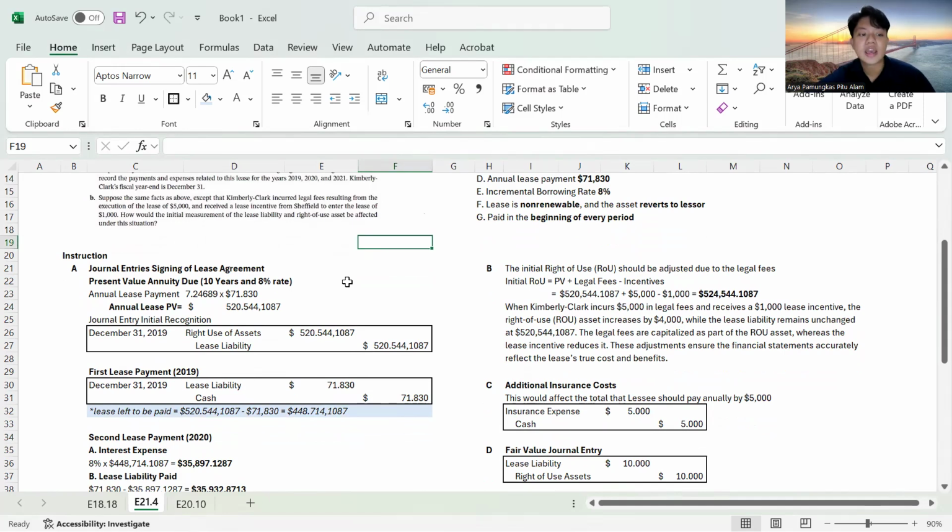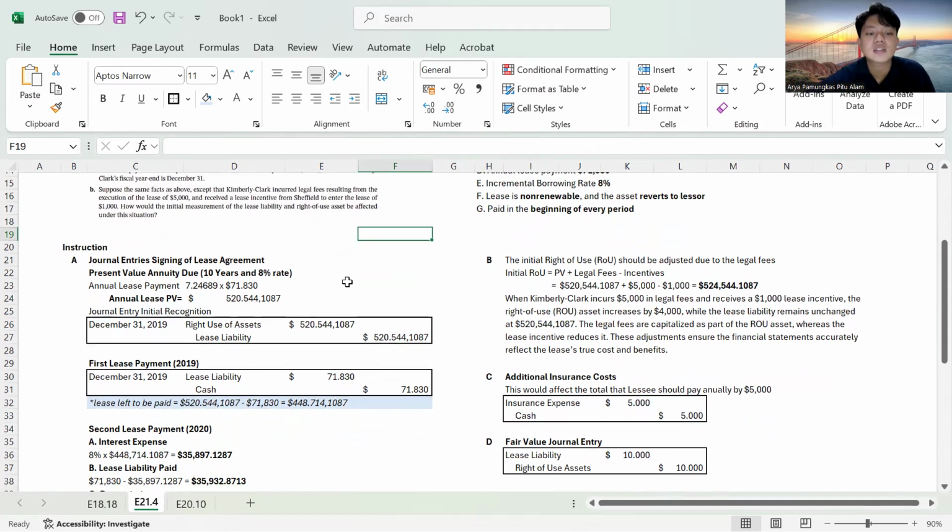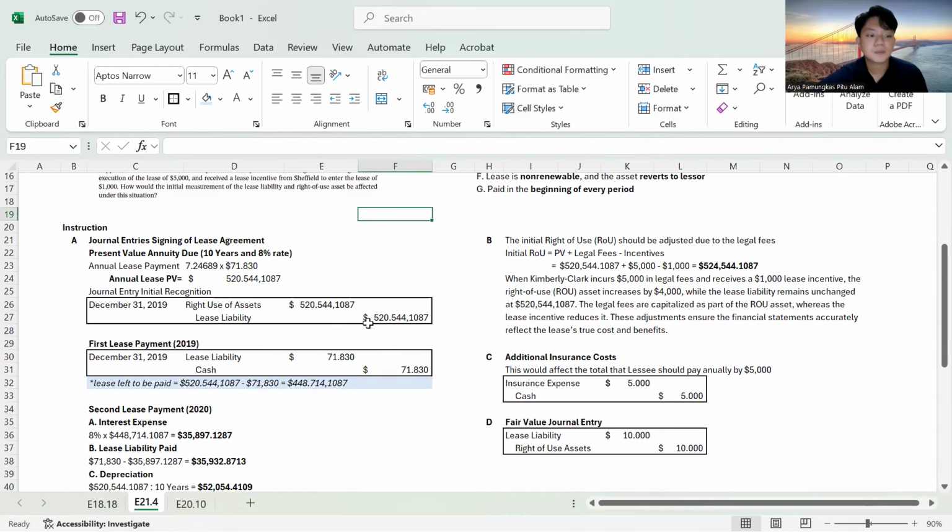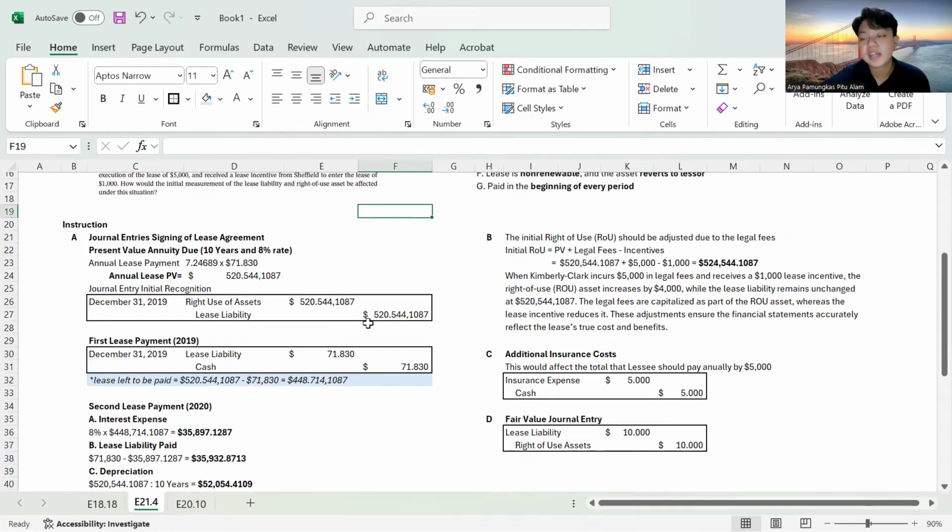And here are the journal entries. The accounts would be right of use asset and lease liability, both for 544.1087.